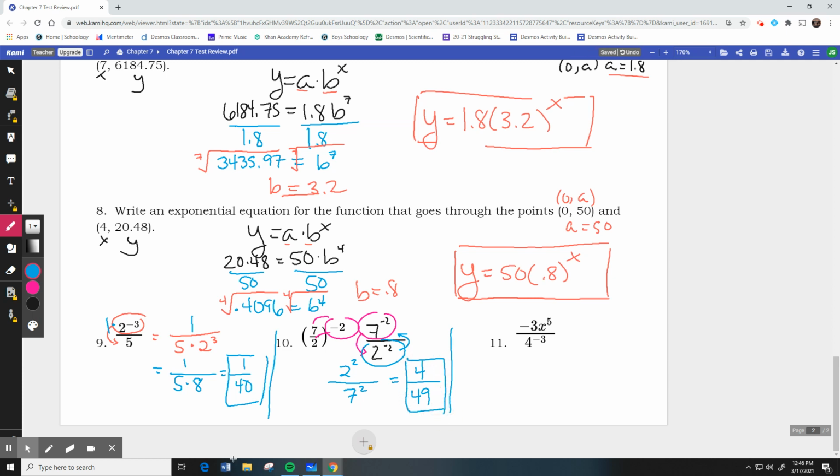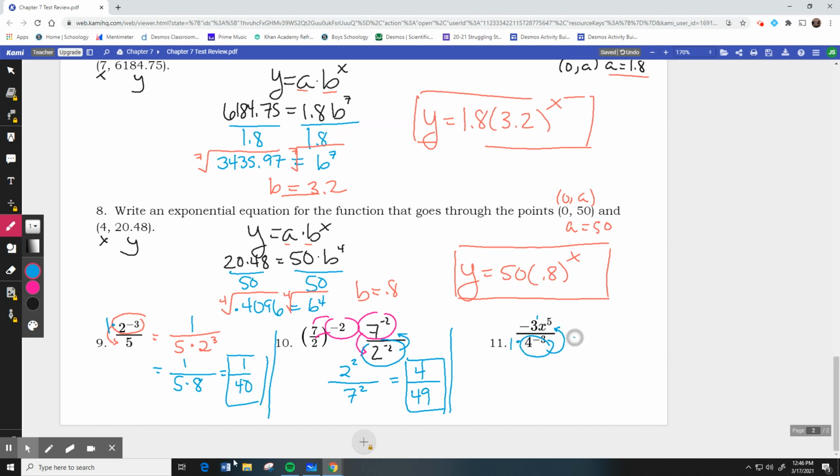Okay, and then our last one. Again, no negative exponents allowed. I only see a negative exponent on this, so I'm going to move it to the top and make it positive. Everything up here is positive exponents. Sometimes people see this -3 and they want to move it to the bottom, but the exponent on that is 1. And then also down here, you have a 1.